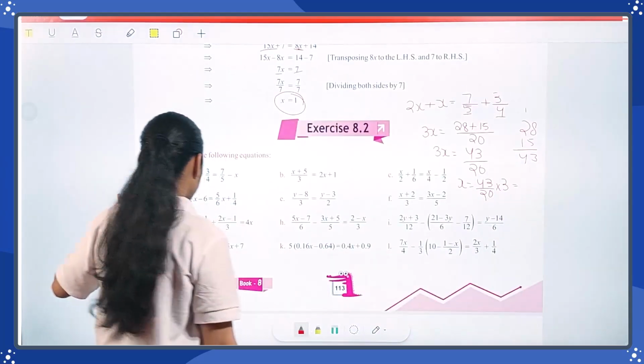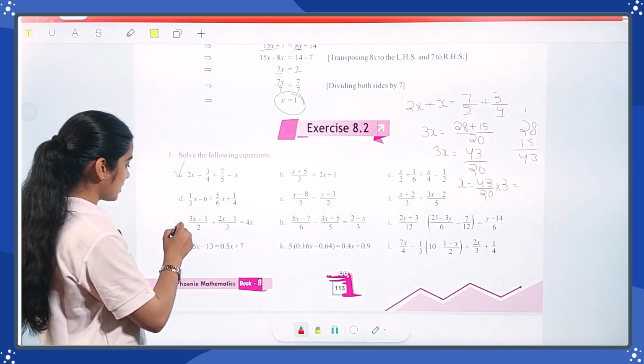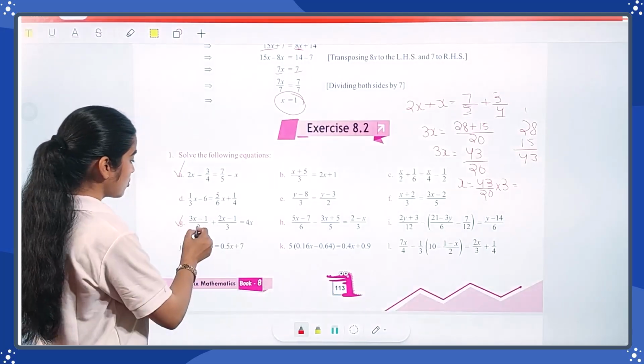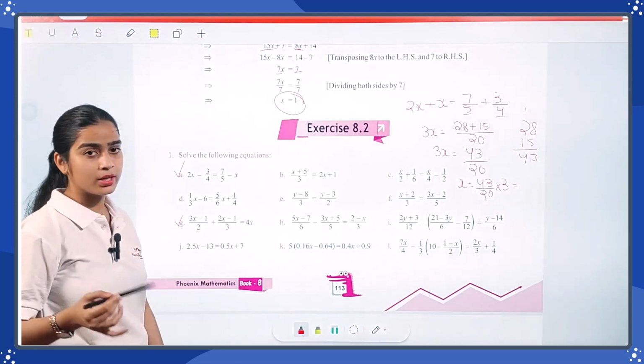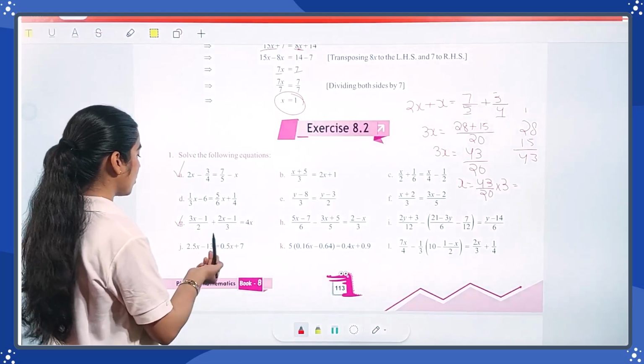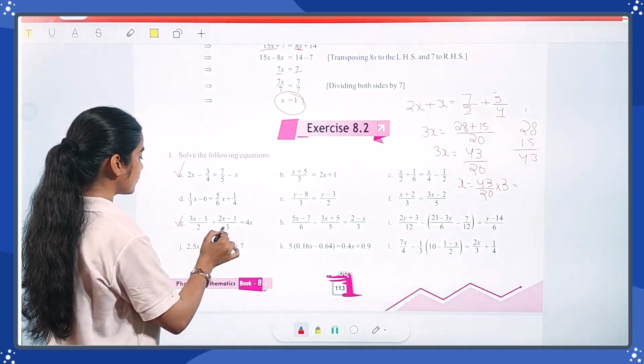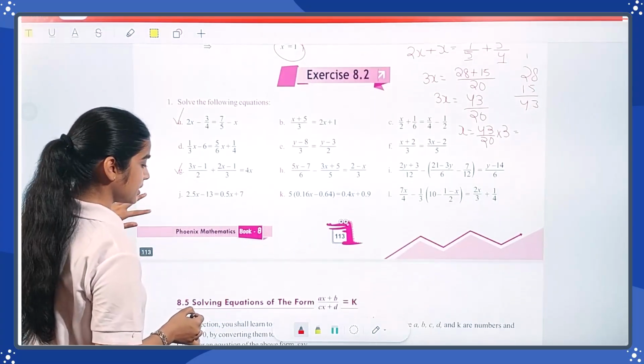Okay. Now next question we have. We take example number, question number G. So what you have to do, you can change the cross multiplication also. You can also take the LCM of 2 and 3, and your LCM is 6.